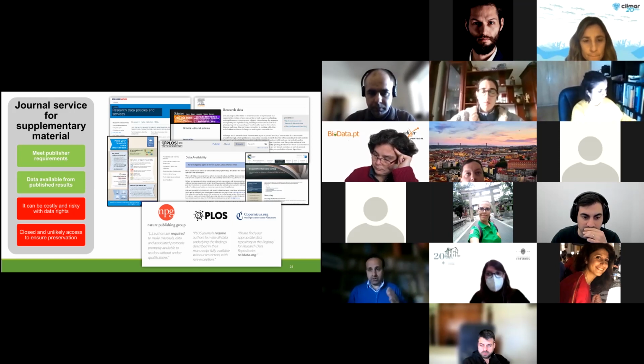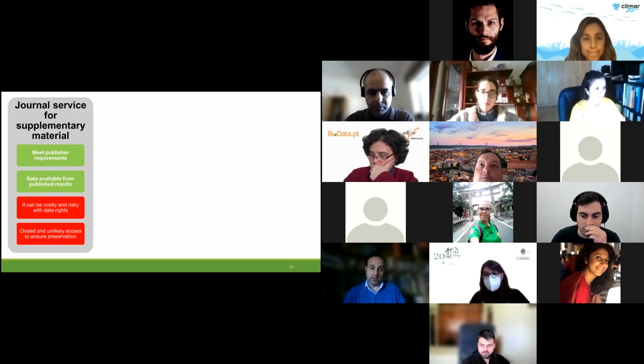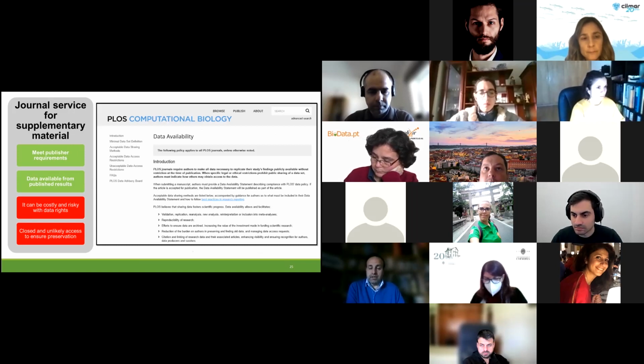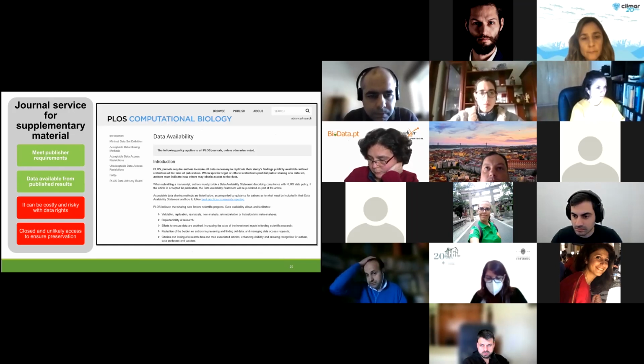This reality is changing a lot. If you look at policies over the last 3 years, it is evolving a lot, with lots of different requirements. Here is an example from PLOS Computational Biology, where they clearly state that they have a policy in order to ensure the best data management practices.